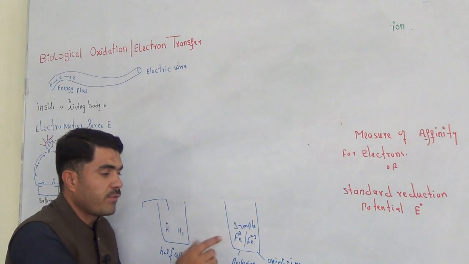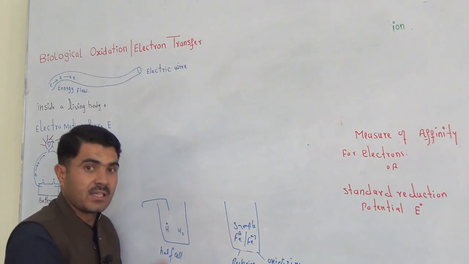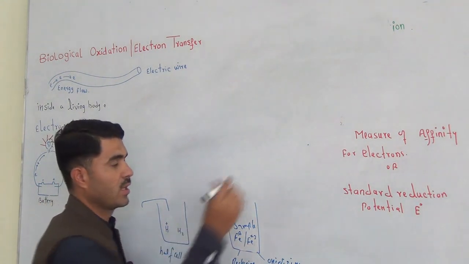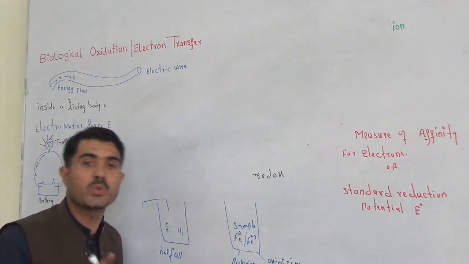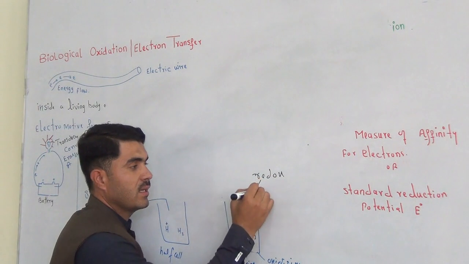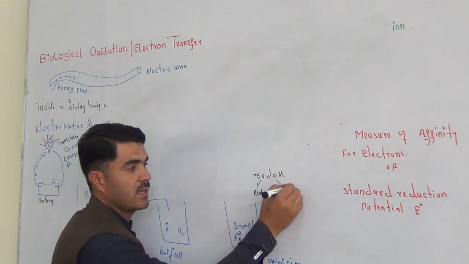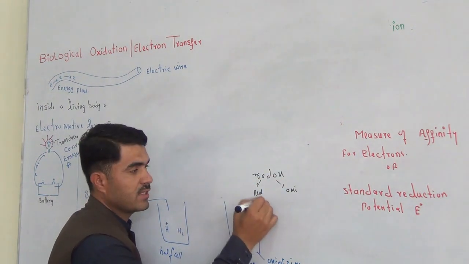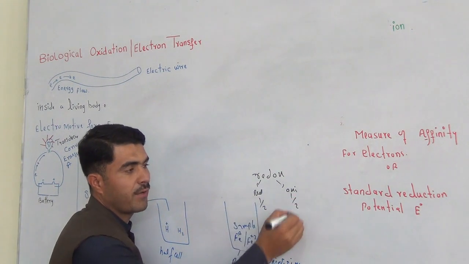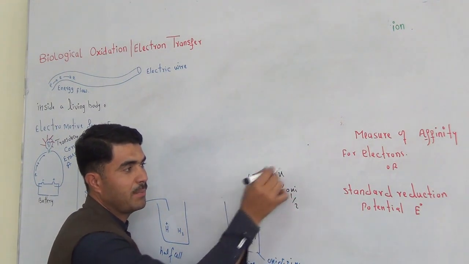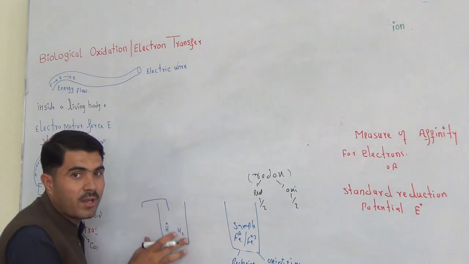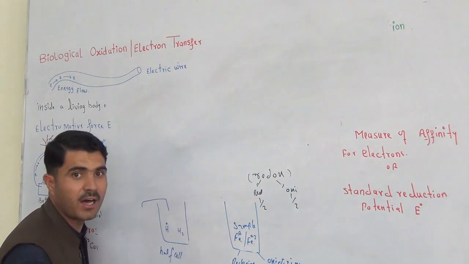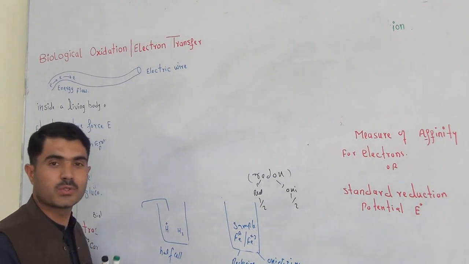The combination of oxidation and reduction is called a redox reaction, because redox stands for two reactions: one is reduction and the other is oxidation. If I say this is a half reaction and this is a half reaction, these two half reactions will make one complete reaction, a redox reaction. That is why this is called one half cell and this is called another half cell. Okay, so we got two half cells.